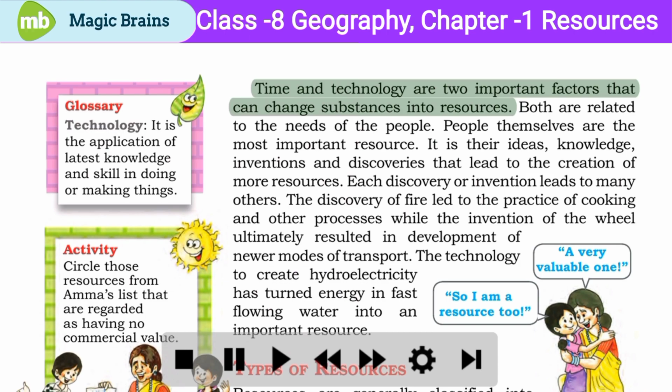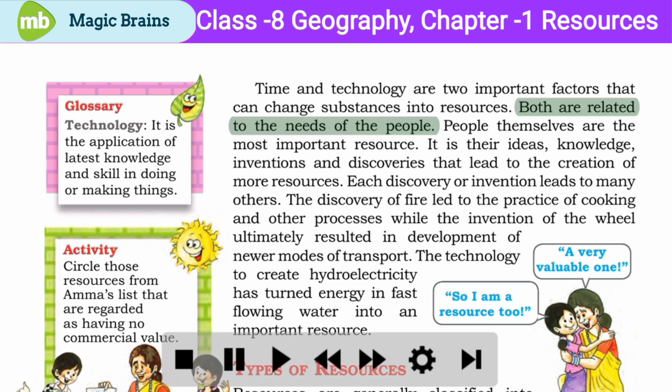Page number 2. Time and technology are 2 important factors that can change substances into resources. Both are related to the needs of the people. People themselves are the most important resource. It is their ideas, knowledge, inventions, and discoveries that lead to the creation of more resources.